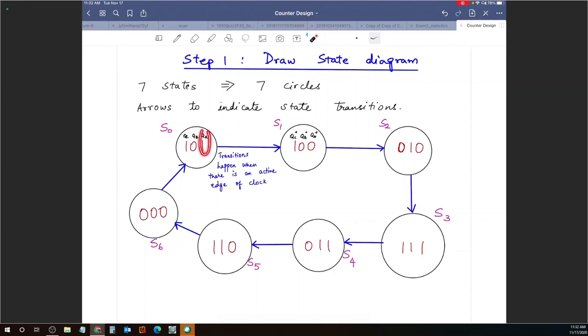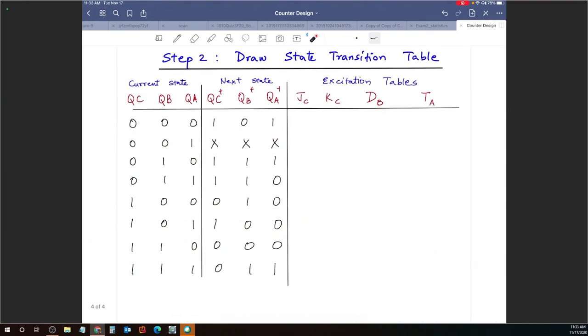The outputs of the flip-flops are essentially the value of the counter. Sierra says QB plus equals DB, and she is absolutely right. So all I need to do is copy this column and paste it for DB. And I am done with that.